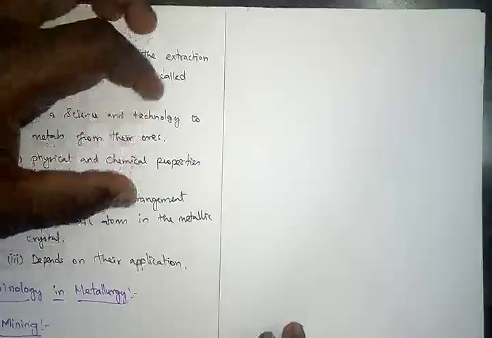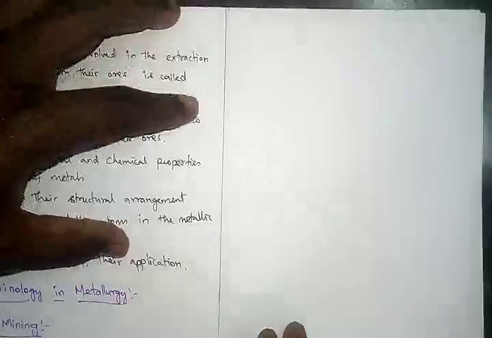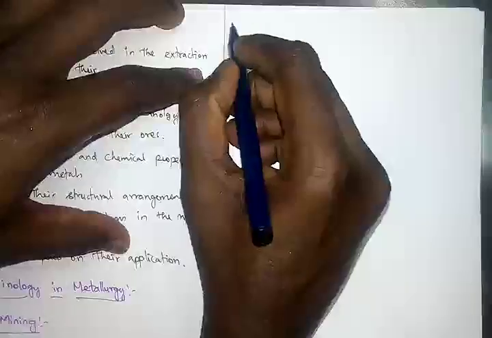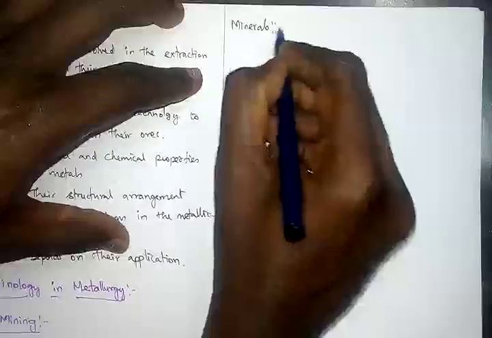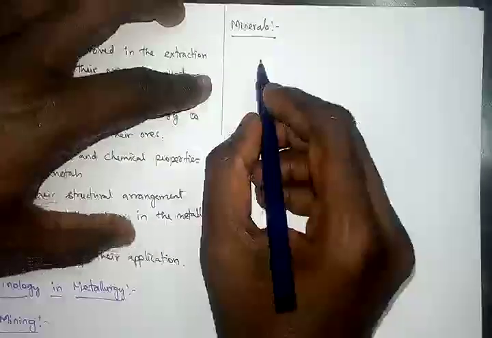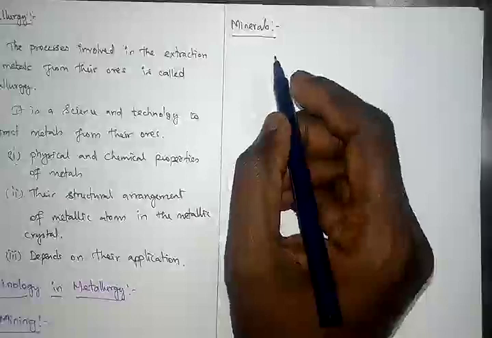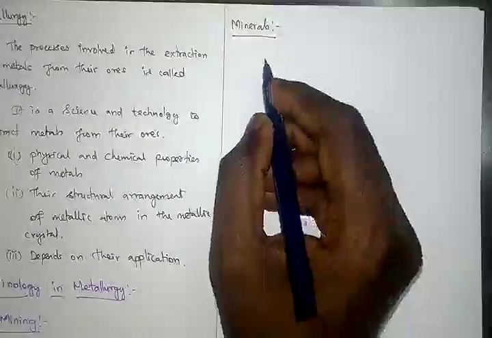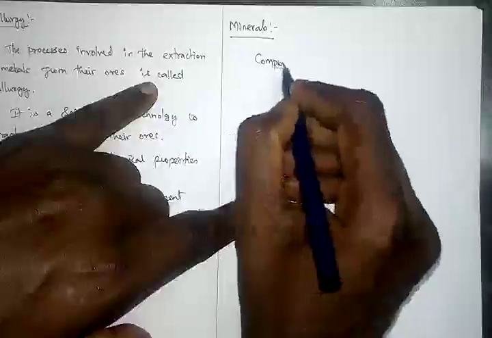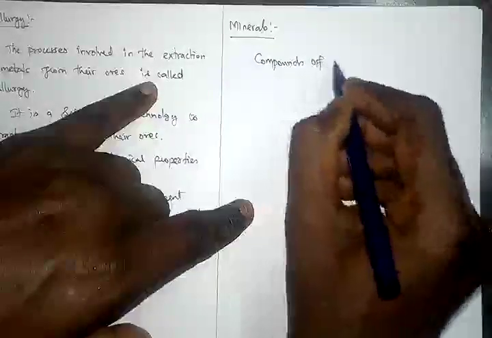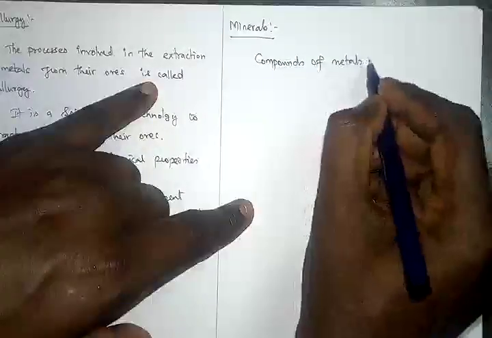The second one is a very important one, that is called minerals. What are minerals? If you want to understand deeply, I can say easily, minerals are compounds of metals.